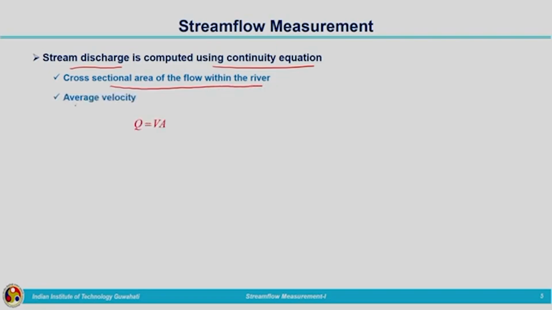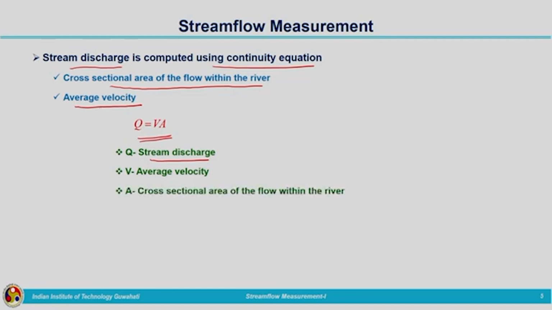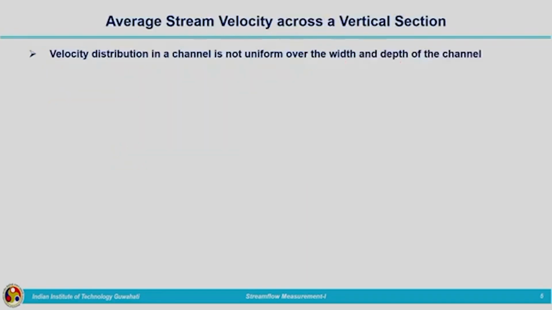Once this cross sectional area and average velocity are known to us, we can calculate the stream discharge by using the formula Q = VA. Q is the stream discharge, V is the average velocity, and A is the cross sectional area of the flow within the river.